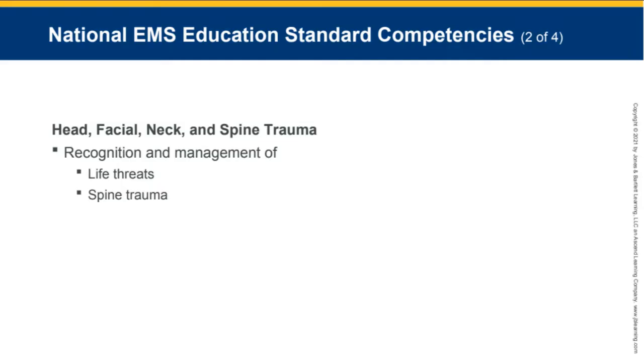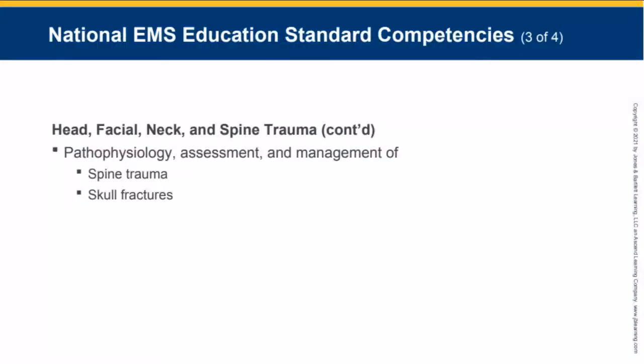The chapter will focus on head, facial, neck, and spine trauma. We'll be looking at life threats and specific injuries to the spine. We look at the pathophysiology and assessment and management of spine trauma and skull fractures.